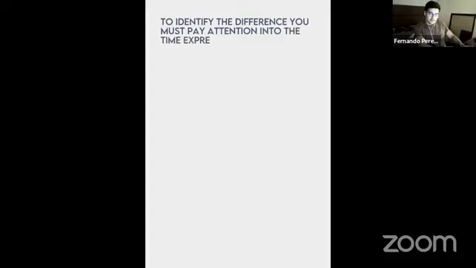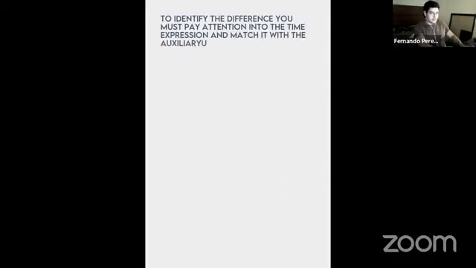You must pay attention to the time expression and match it with the auxiliary. Match. This is a very important word.